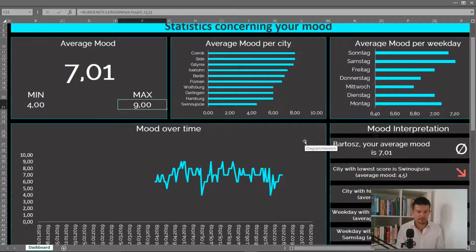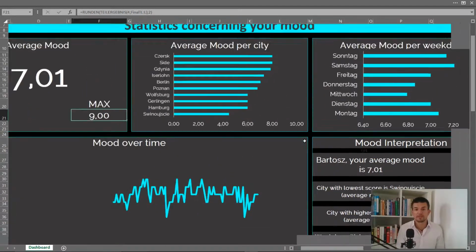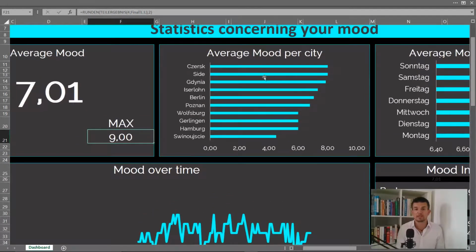Well, let's take a look at my mood in different cities. So let's zoom in, and what we see is that the highest mood I have is Chursk and Side, then we have Gdynia, Iserlohn, I will get into the description in a few seconds. And we have the lowest value in Poznan, Wolfsburg, Göttingen, Hamburg, and Świnoujście.